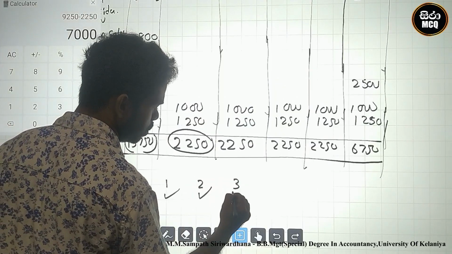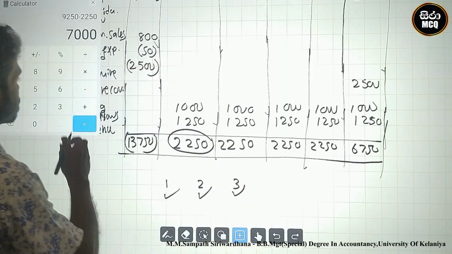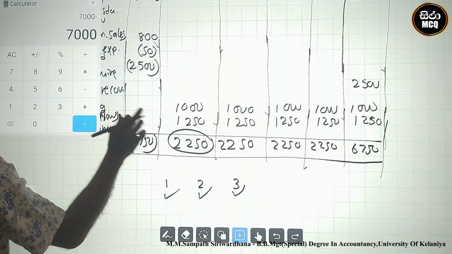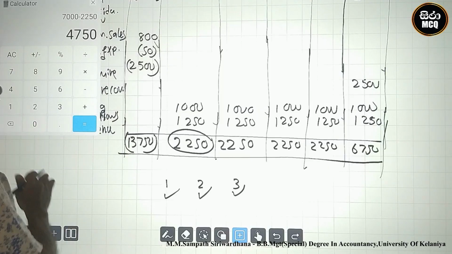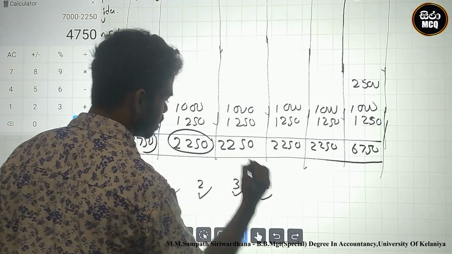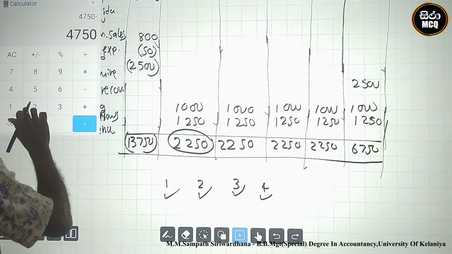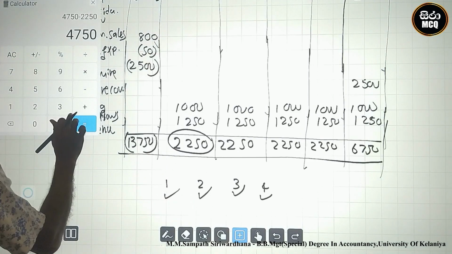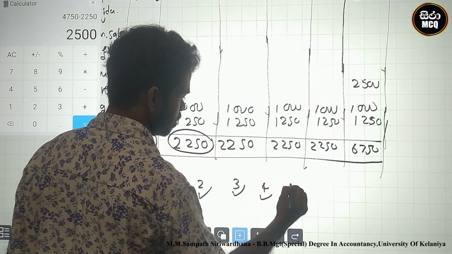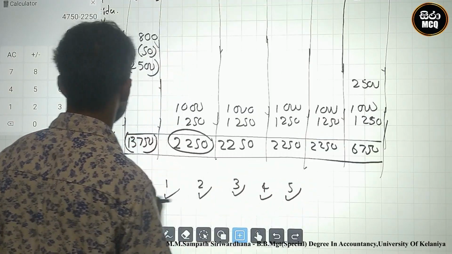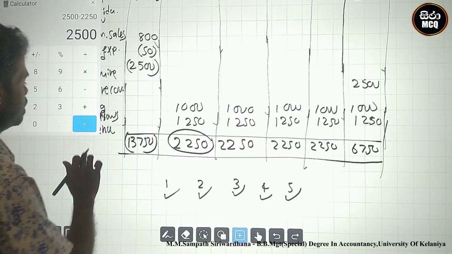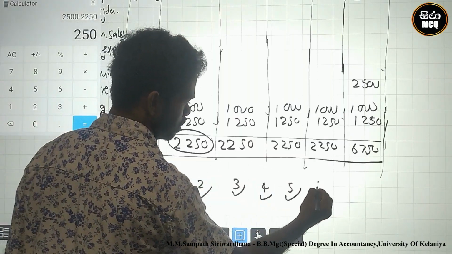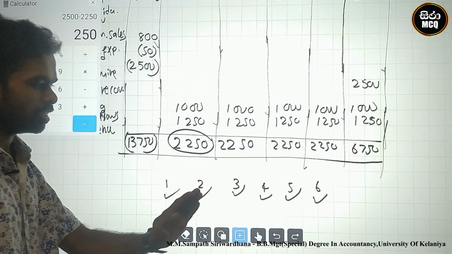There are 3 years. Again another year, 2,250, answer it. There are 4 years. Again 2,250 I deduct. 5 years. Again I deduct 2,250, answer it. 6 years done.